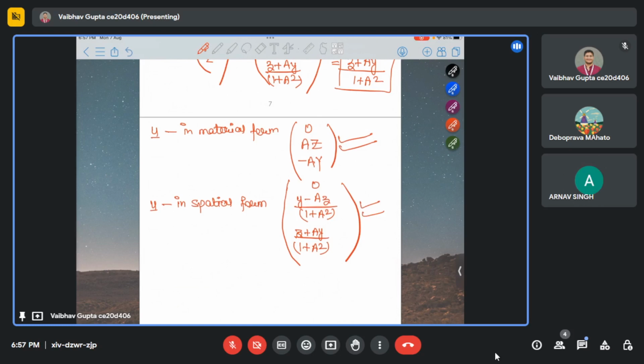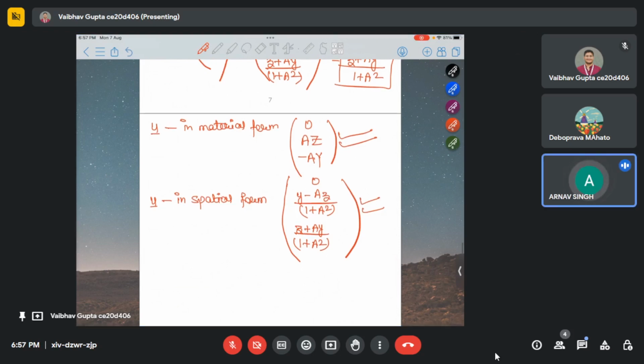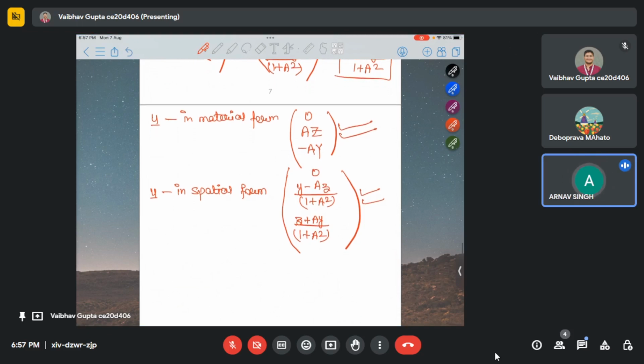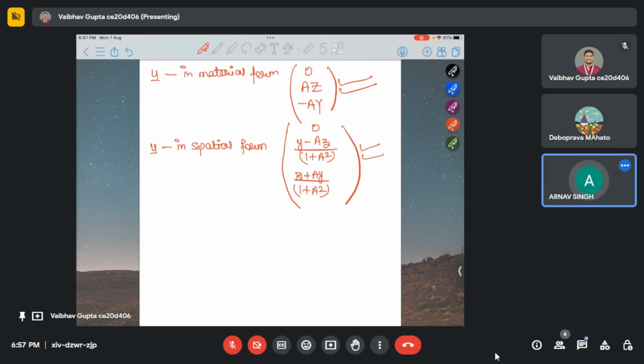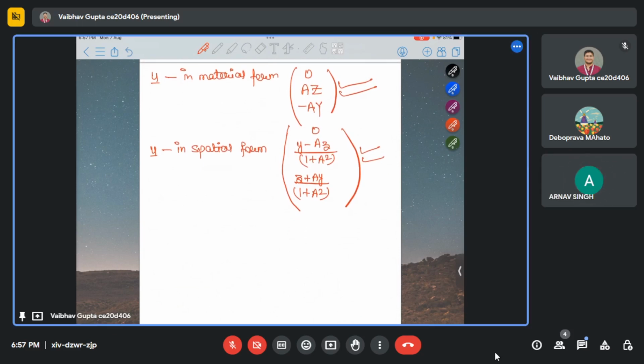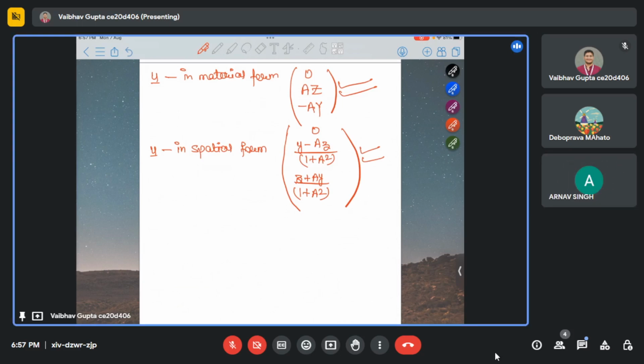If small y equals capital Y, and small x equals capital X, then it's not a difference.